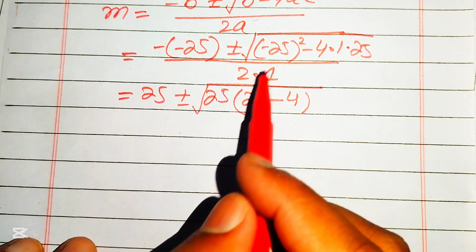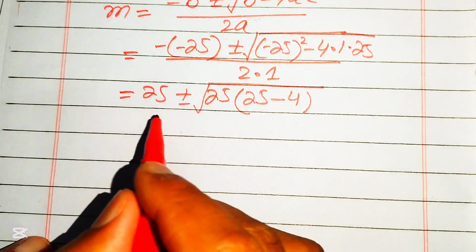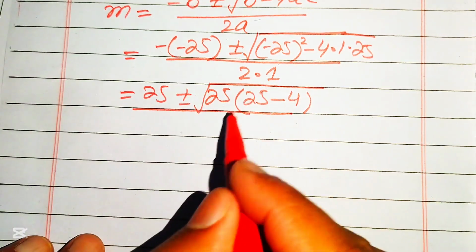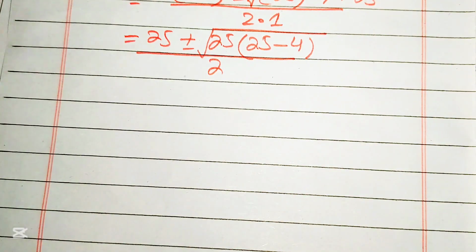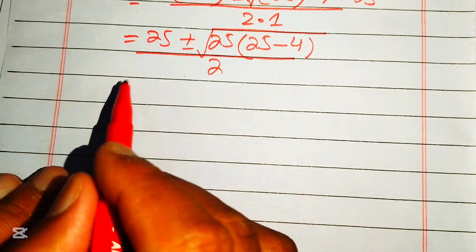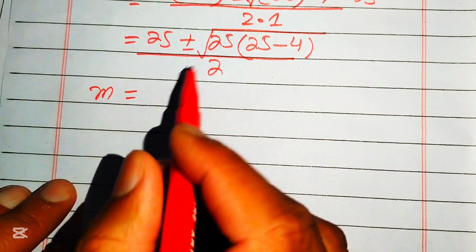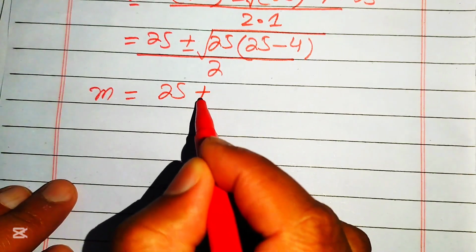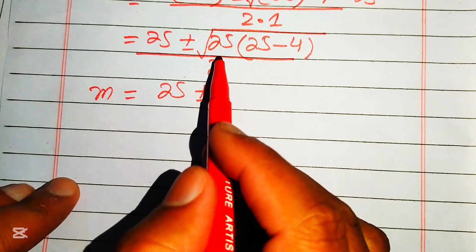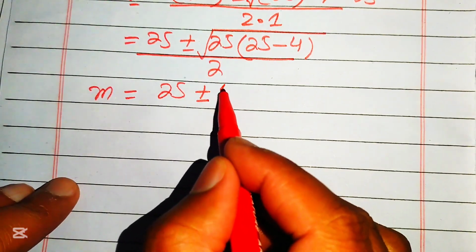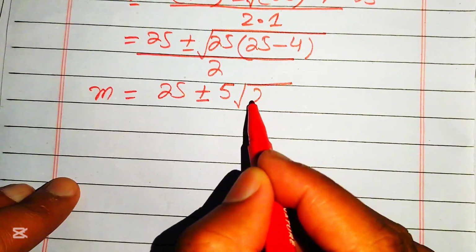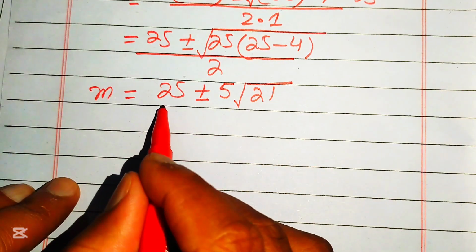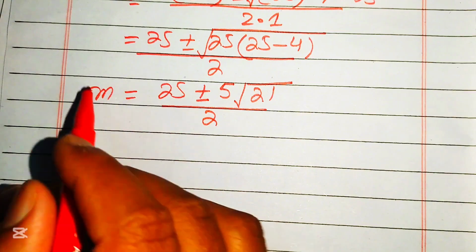So when you take common 25 here we get the positive term. It is divided by 2 times 1, which equals 2. And now in the next step we need some simplifications. It will be written as m equals 25 plus minus. Here we know that the square root of 25 equals 5, times the square root of 25 minus 4, which equals 21, and it is divided by 2.